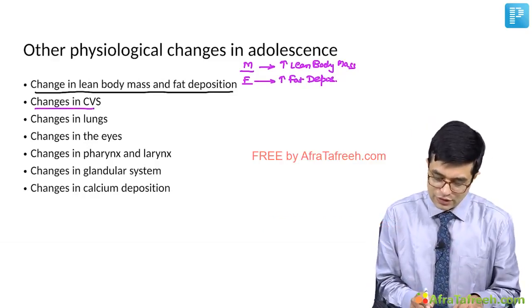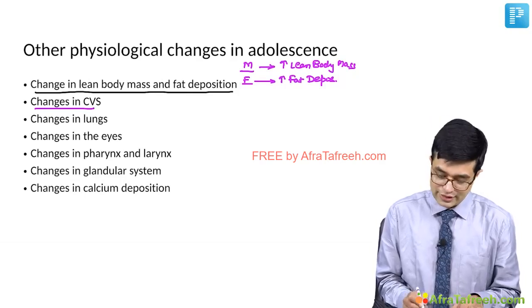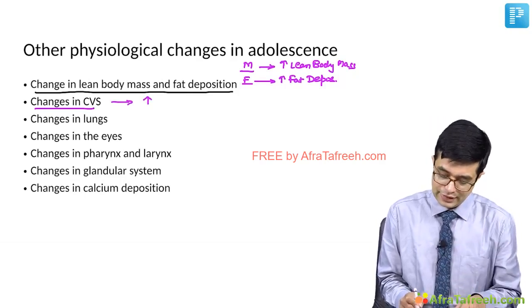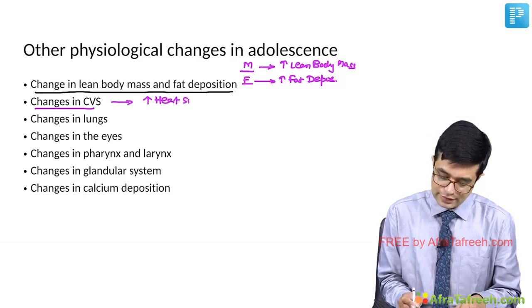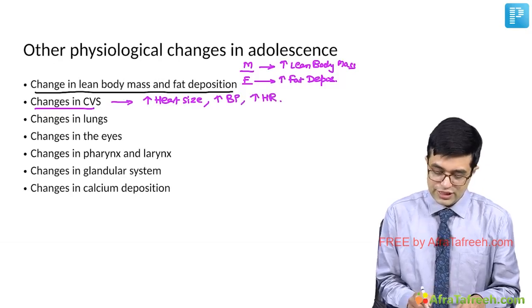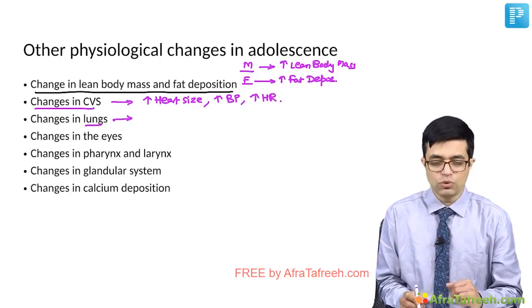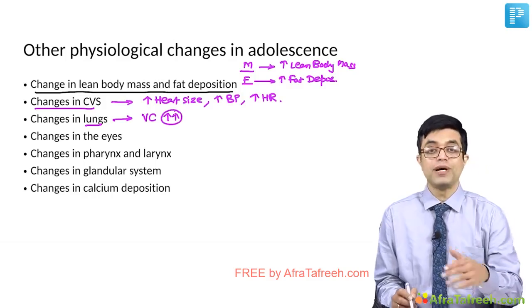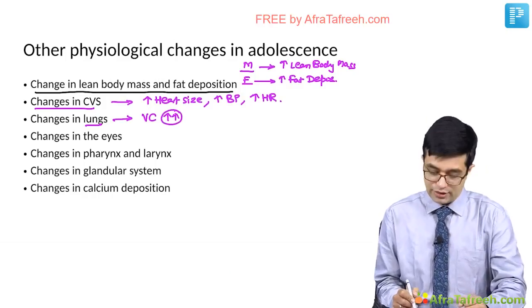Changes in the cardiovascular system occur in both sexes, more in case of male as compared to female. There is increase in the heart size, increase in the blood pressure, and increase in the heart rate. Changes in the lungs occur in both genders, male and female. Vital capacity is increased, and so it increases the aerobic capacity of the child.